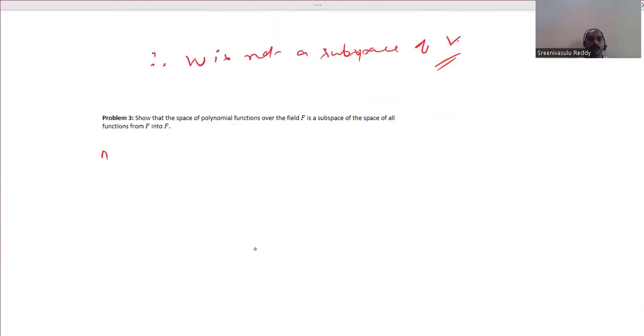So now the third question. Consider W equal to the set of polynomials. A polynomial is in the form f of x equals a naught plus a1 x plus and so on an x power n, where the a's belong to the field and n is a natural number or non-negative integer; usually degree 0 is also included, that means N union 0.